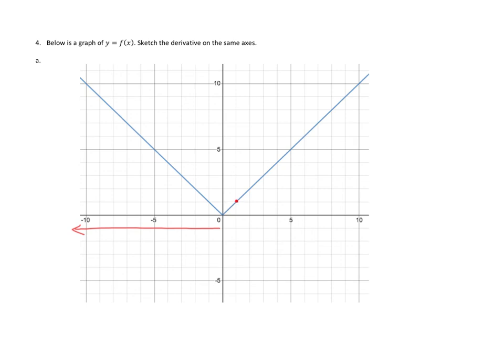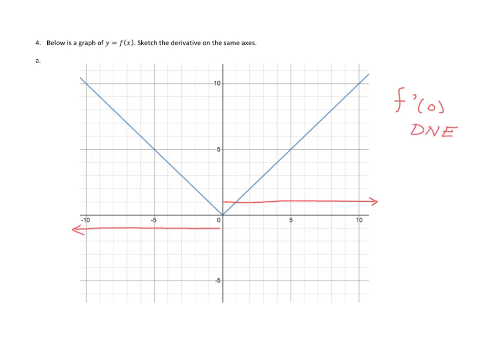What is the slope of this line over here? It's +1. You go over 1 and up 1. Therefore, the derivative is constant. It's always +1. But what is the derivative at 0? F prime of 0 is, well, it does not exist.